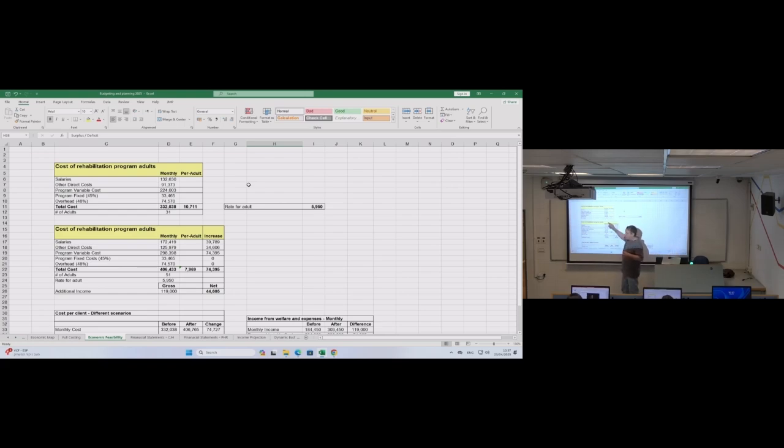Okay, but we will look at the monthly figures, because this is the calculation he did. So he found that there are salary costs of that program of almost 133,000. Then additional direct costs of the program, like food and medicines and freelancers, treatments, therapies, etc., were an additional 91,000. So altogether, what we call the program variable cost that will be presented in the economic map will be 224,000.